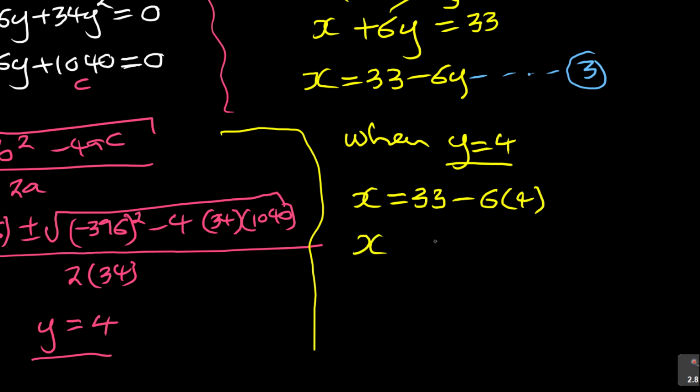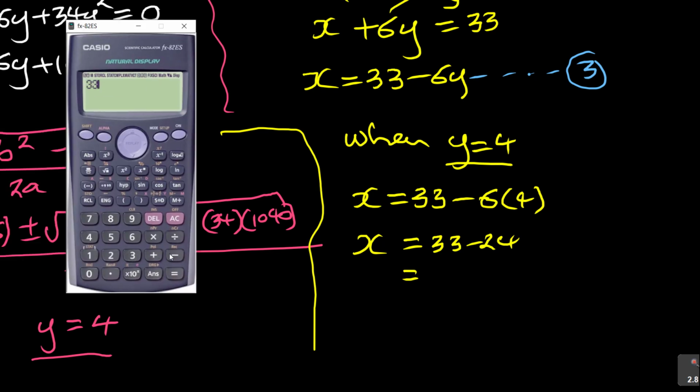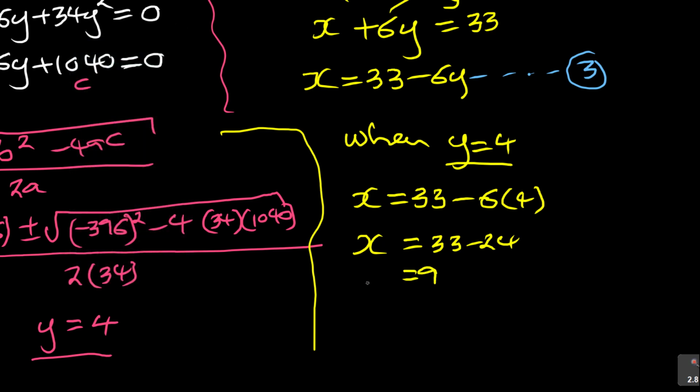So what is x? X is equal to 33 minus 6 times 4, it will give me what? 33 minus 24. What is it? Is it 9? Let me do that. 33 minus 24. Okay, there it is. It is 9. So that's my first value of x.